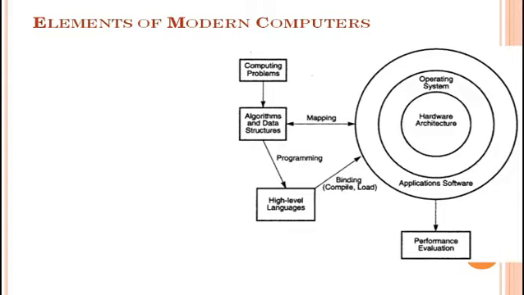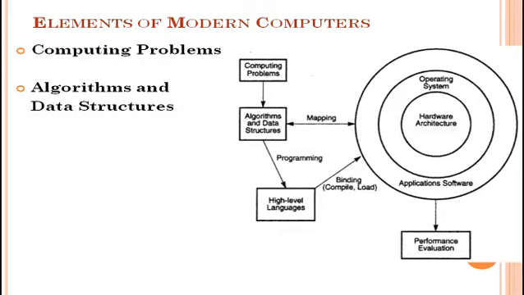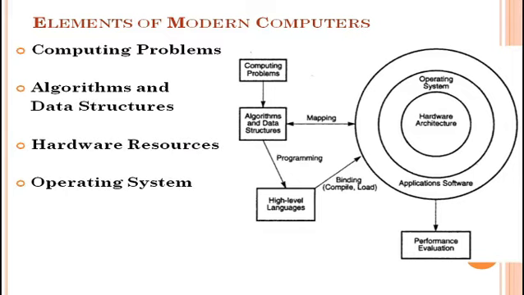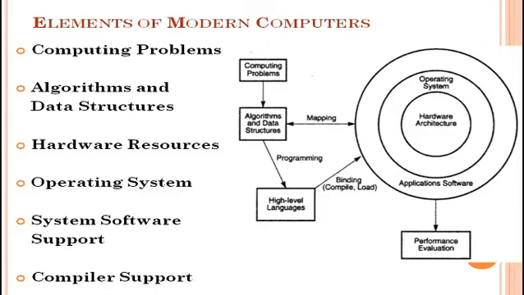Now, what are the elements of modern computers? The elements of modern computers are computing problems, algorithms and data structures, hardware resources, operating system, system software support, and compiler support.